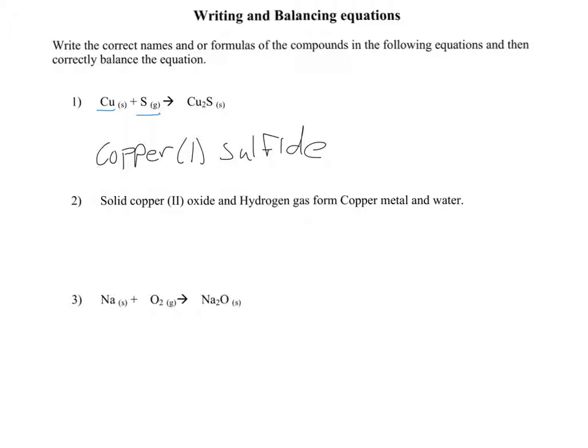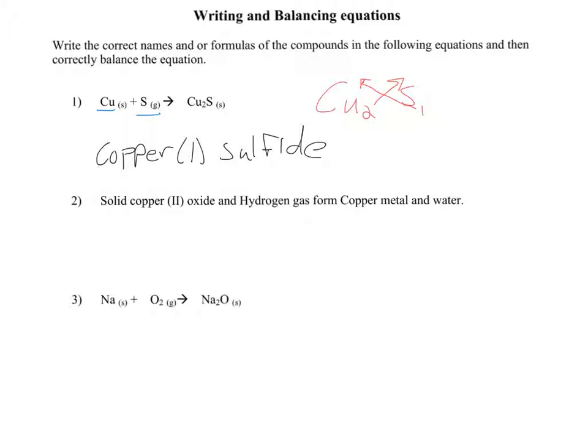The reason why it is copper 1 is that 2 came from the sulfur. If you did a reverse crisscross, the 2 from the Cu would go up to the sulfur, which would make sense, and then the 1 that's not written in the sulfur would go reverse crisscross and go back to the copper.